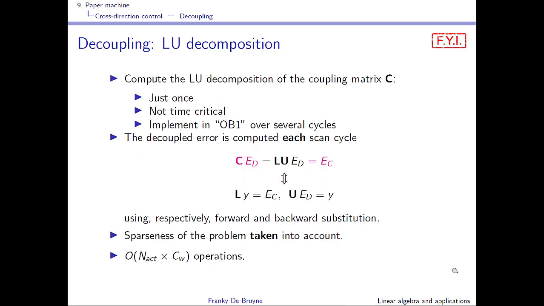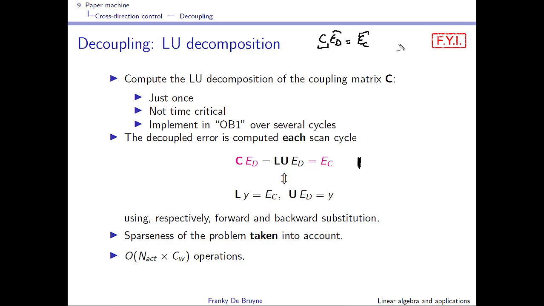So remember that we are solving the problem C ED is equal to EC. This is what you have got over here. So this is the decoupled error vector. That's the one you're looking for. This is your coupling matrix, so you know it, and this is your coupled error.